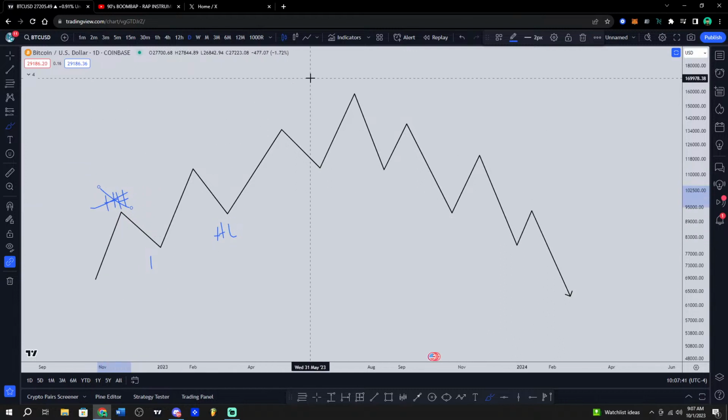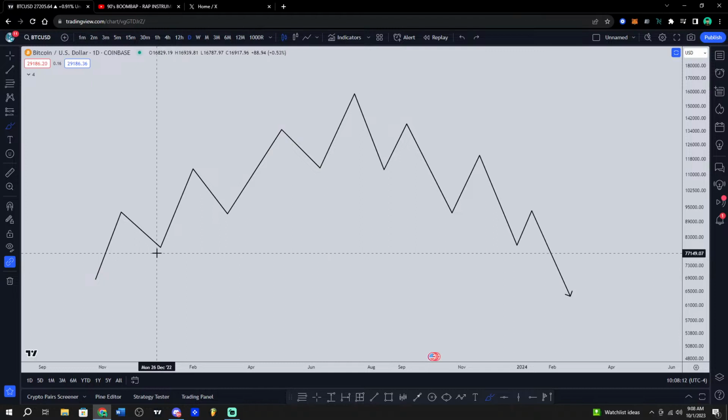This actually isn't a higher high, this is just a high. This one is a higher high. Why? Because we broke this high here and created a new high. That suggests an uptrend and bullish momentum, and tells us the market is pushing towards the upside, looking for higher prices.